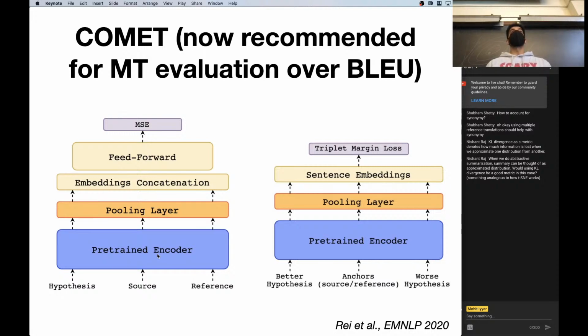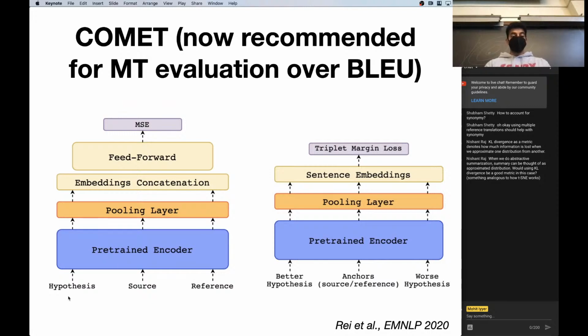So here you have a pre-trained encoder. This could be something like BERT or a multilingual language model like we'll see in the next class. We've already seen one such example with ByT5, for example, right? That took in arbitrary languages as input and was able to do language modeling. Anyway, we have some pre-trained encoder like a BERT.